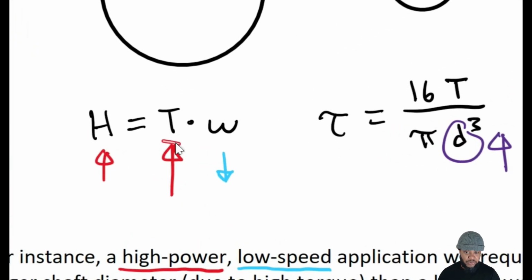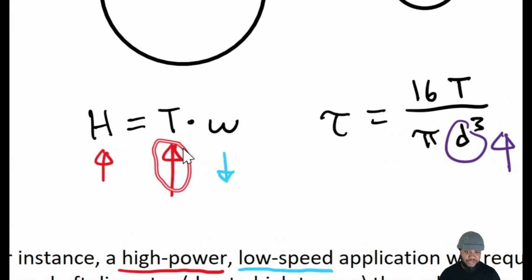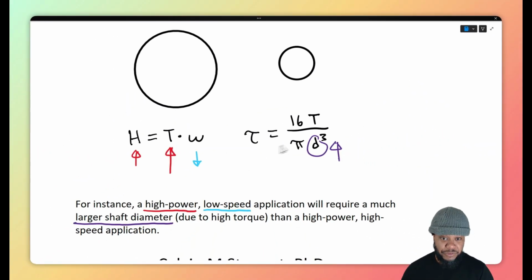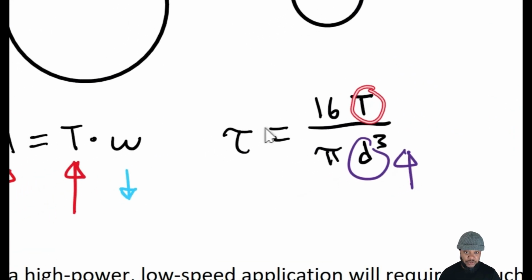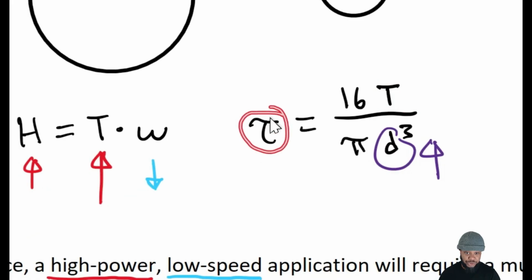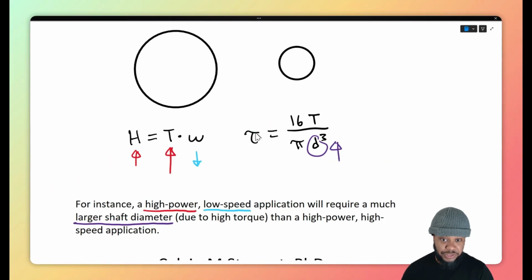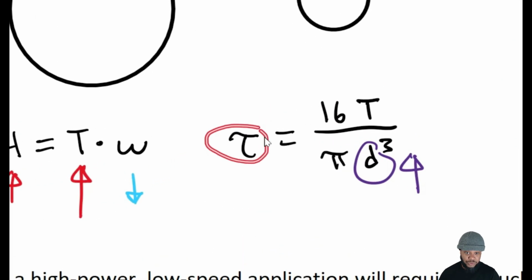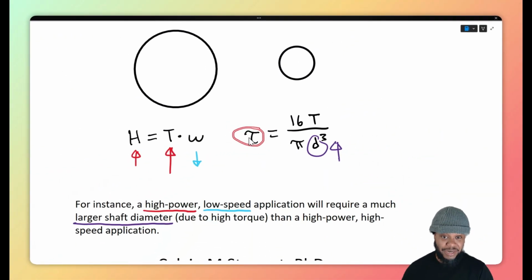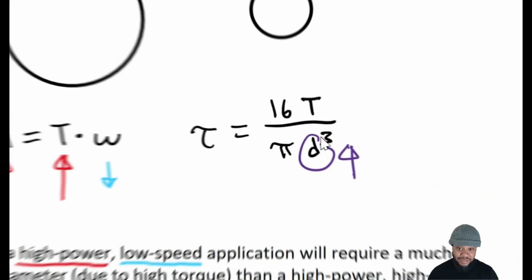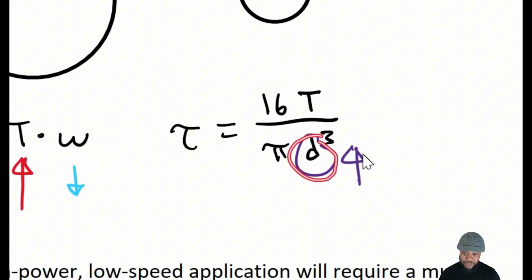For that high torque to be sustained in our design, we think that torque also impacts the torsional shear stress that's induced in our design. If this torsional shear stress is limited by the strength of the material, then the diameter of the shaft must be very large in order to accommodate that big torque in our design.